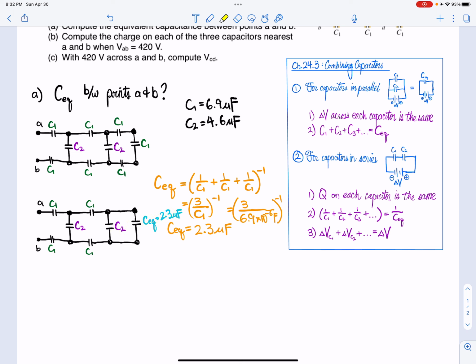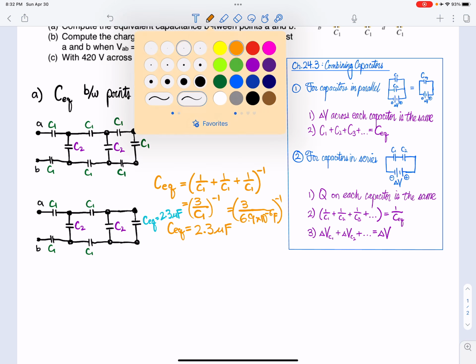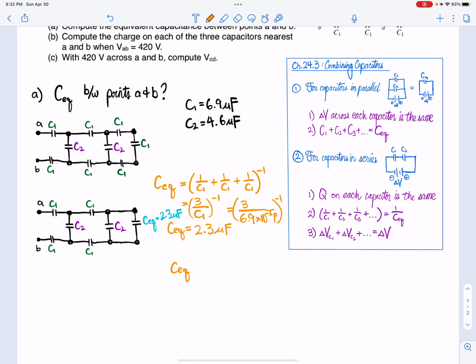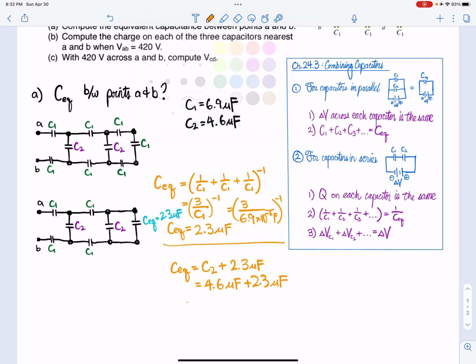So for the next one, C equivalent will be equal to C2 plus 2.3 microfarads, which is 4.6 microfarads plus 2.3 microfarads. So now my C equivalent will be equal to 6.9 microfarads. So let's do that again.